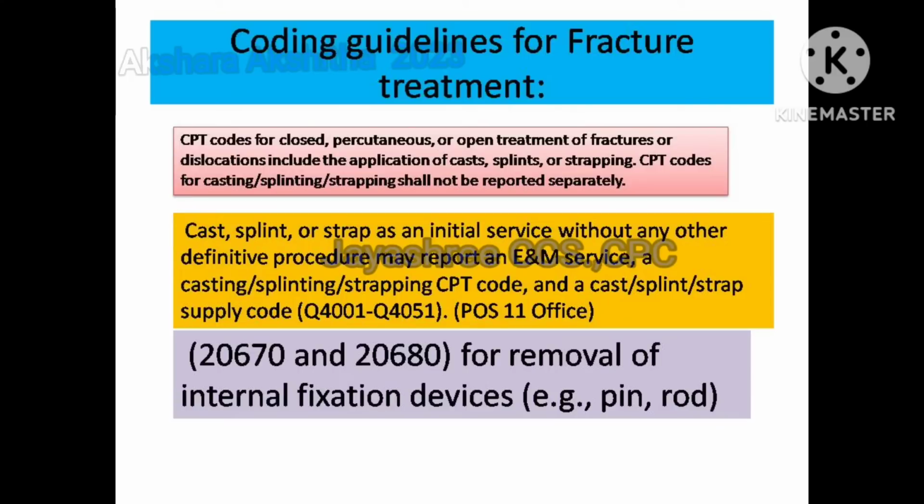If they come only for the removal, we can code it. But if that removal of internal fixation is necessary as an integral component of another procedure, for example, revision of open fracture repair for non-union or malunion of bone requires removal of a previously inserted pin, then CPT codes 20670 and 20680 are not separately reportable.